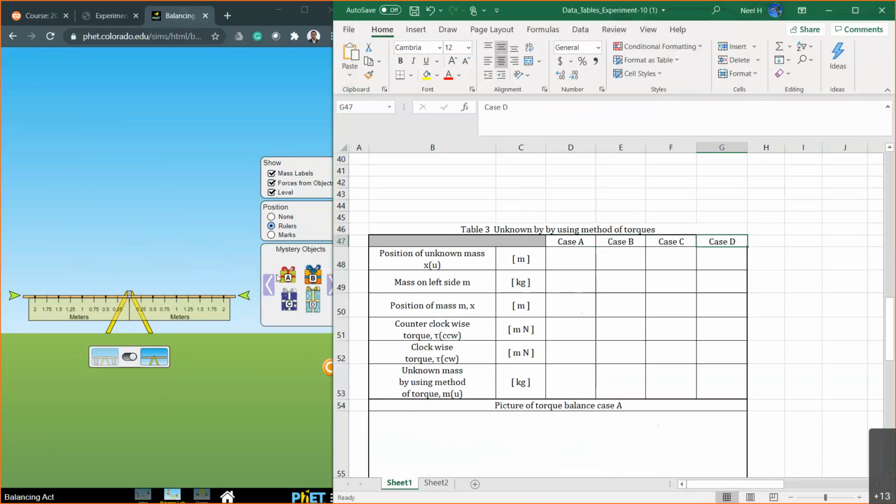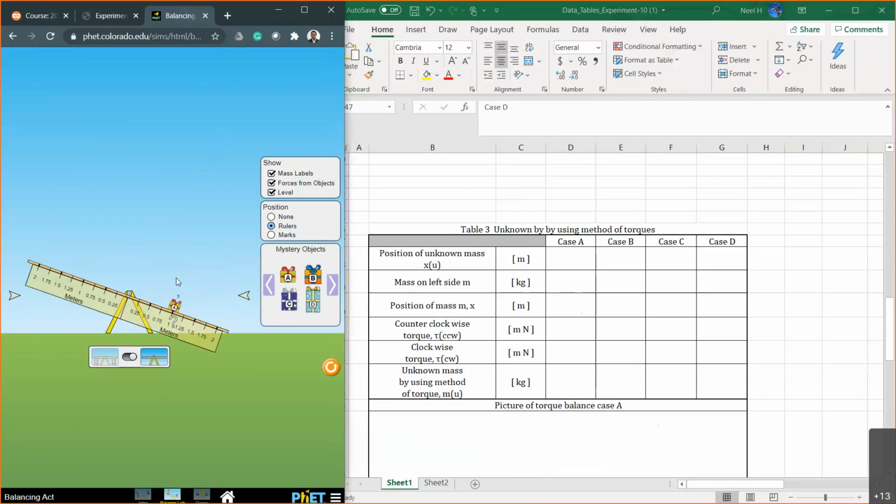Let's bring those objects one by one, balance each using a 20 kilogram object on the other side, and then use the torque balance equation to figure out the mass of the unknown. Okay, that's the plan. Bring object number 1, place it at the 1 meter location right here. Position of the unknown mass, 1 meter.